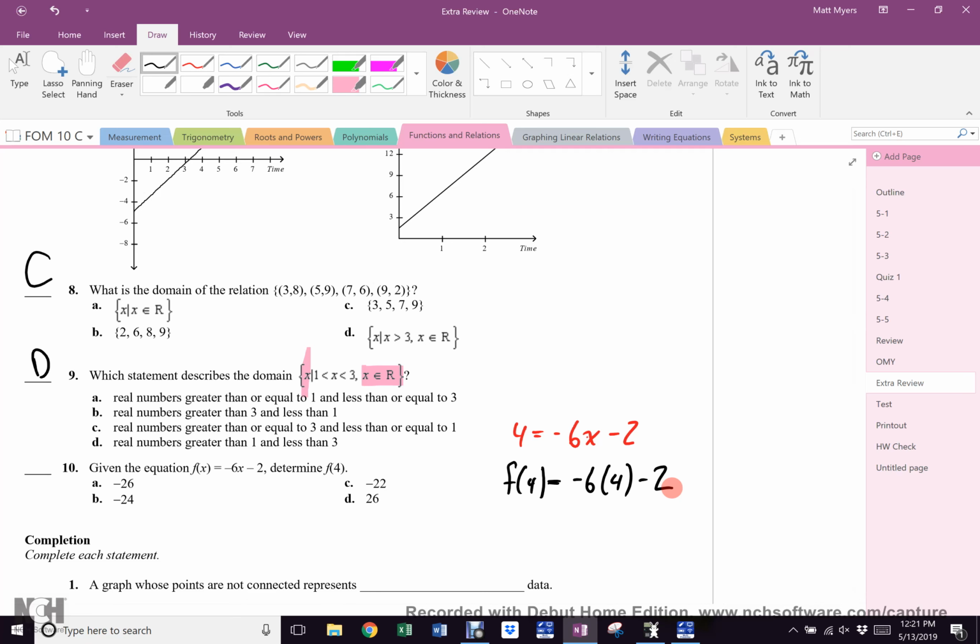Black, because the x has become a 4, so this x becomes a 4. What is negative 6 times 4? Negative 24. What is negative 24 minus 2? Negative 26. A.